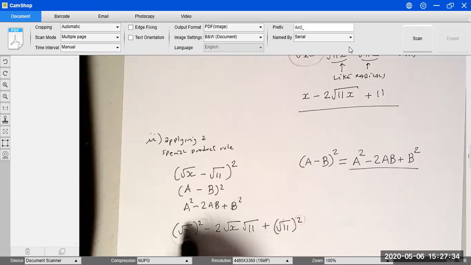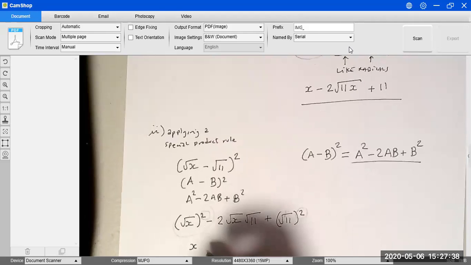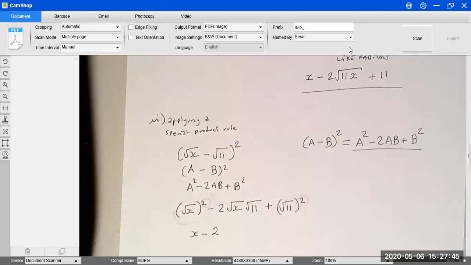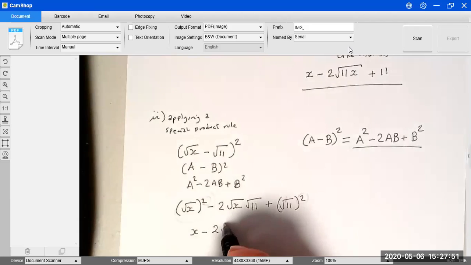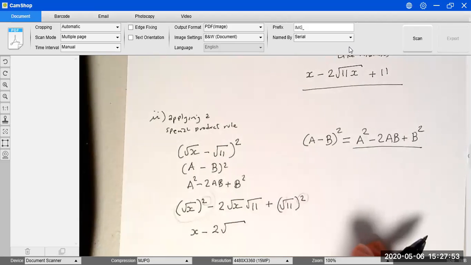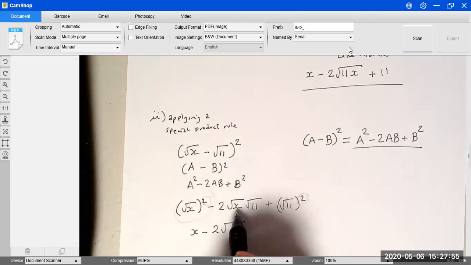So from the first simplification, we're going to get x only. Then we have the product of two radicals. So the coefficient stays outside, and the radicals multiply to each other. So we're going to have a single radical sign for both, and you have x times 11 is going to be 11x.